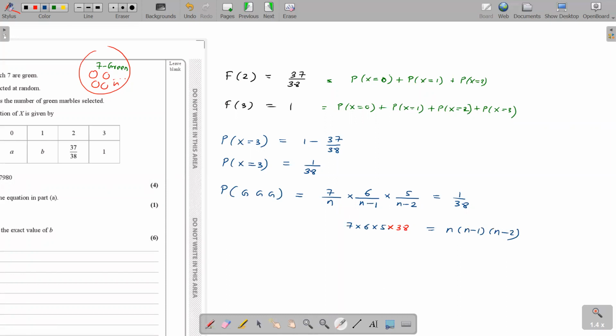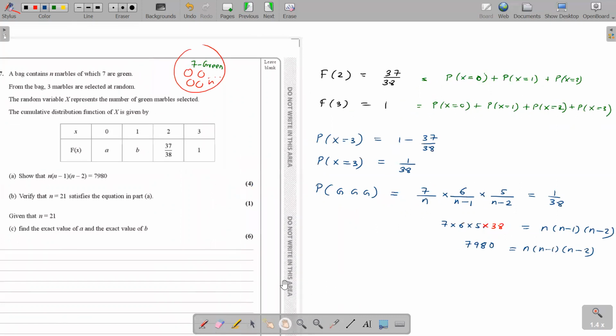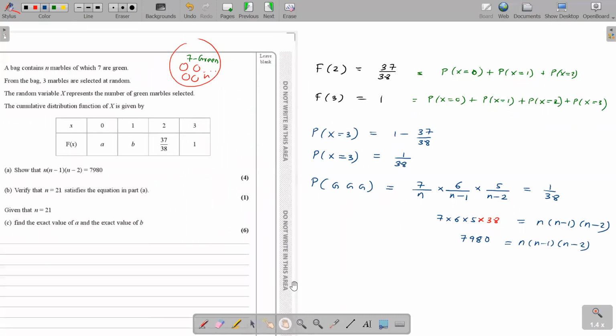Do you see I brought these 3 to the other side as a multiplication? So how much is 7 times 6 times 5 times 38? 7980. Did you multiply? 7980 equals n into n minus 1 into n minus 2. So this is the answer for part A, right? Can you see we got the show there?